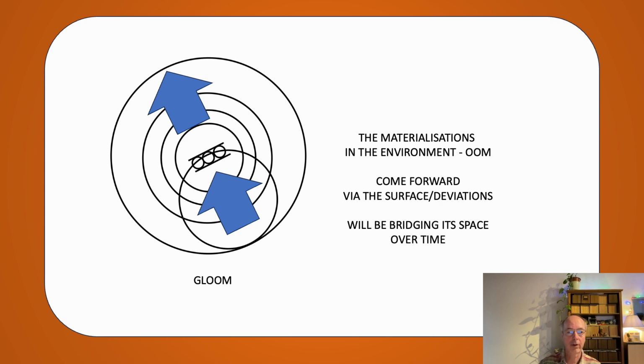With gloom, we also only saw the superficial circumstances in it, but when we have the aspect of time and space, we see that the materializations in the environment, the OM here, will come forward via the same surface while bridging a certain space over time, and that will bring you this gloom after a while, going from another space, another time perspective, so to speak.